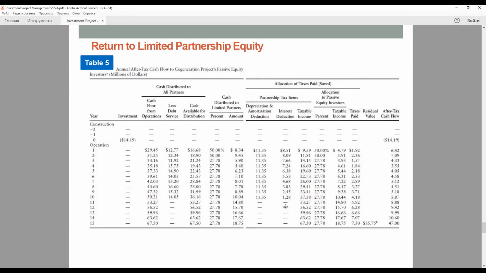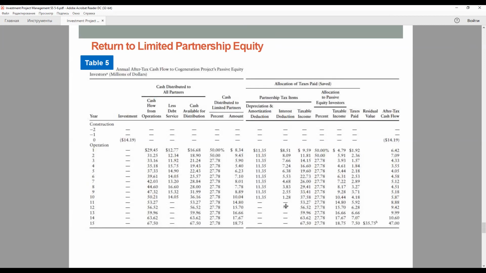So prior to reversion, passive equity investors will receive 90% of income, loss, and cash flow, and after reversion, they will receive 50%. That's the difference between the passive investors and the active, so the general partner.